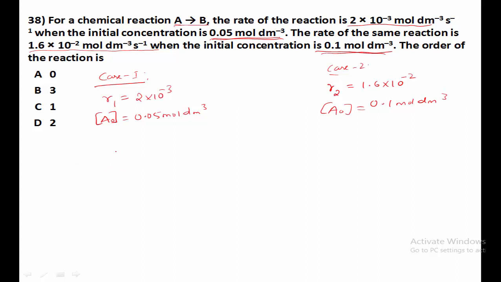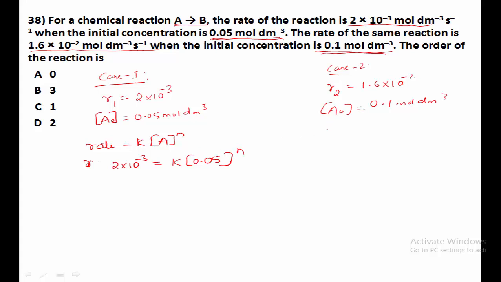As you know, the rate is equal to K into A raised to n. For the first case, the rate is given, 2 into 10 raised to minus 3 is equal to K into 0.05 raised to n.